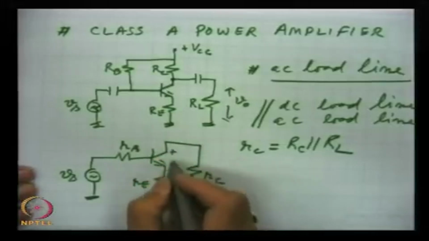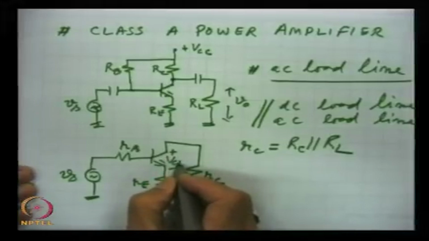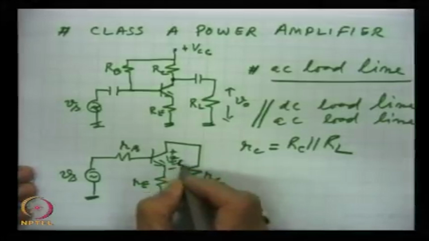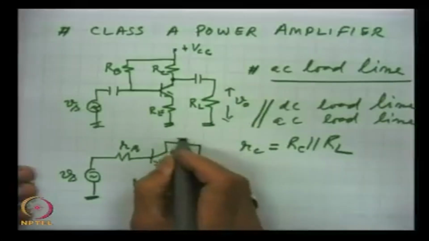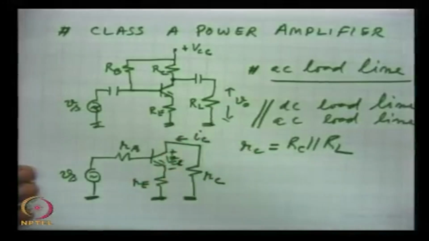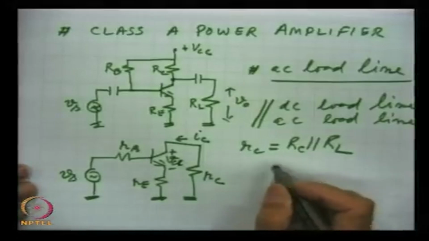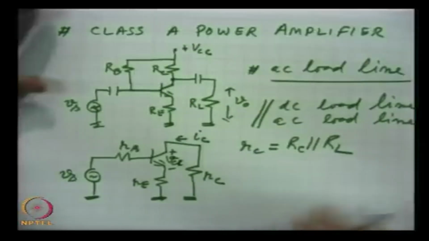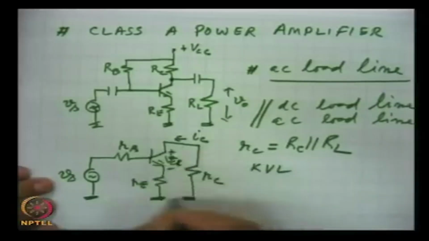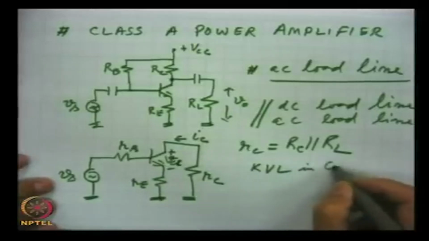And now in this circuit, this is VCE, and this is the AC component of collector current. Then we apply Kirchhoff's voltage law to this circuit, summing up the voltages in the collector loop.